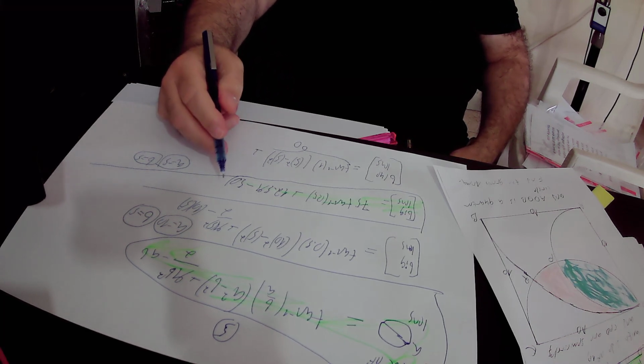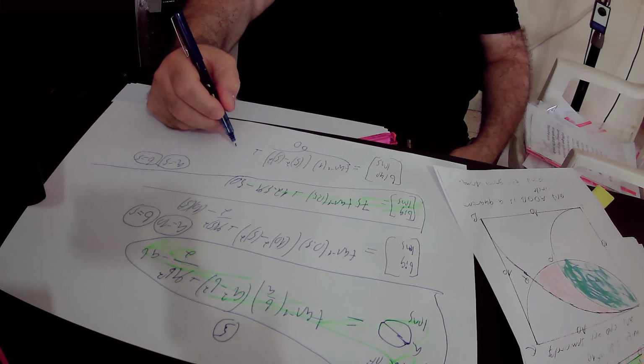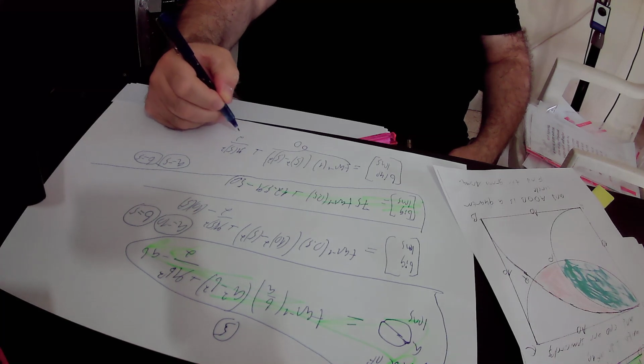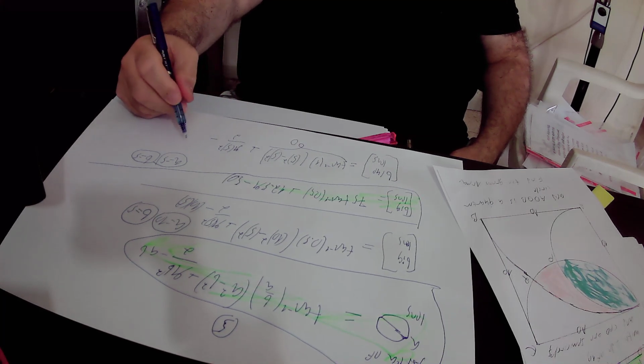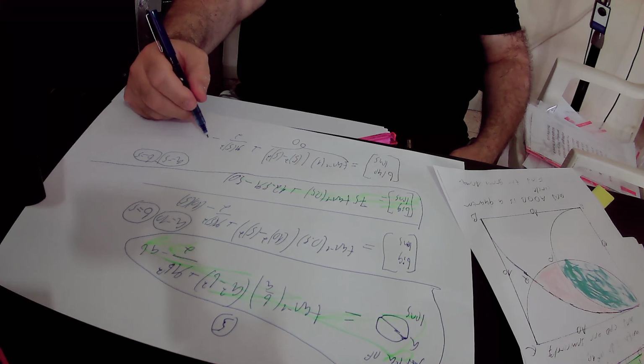Plus pi B square over 2. B is 5, so B square is 5 square. So it is pi 5 square over 2 minus AB. A is 5, B is 5, so A times B is 5 times 5, that is 25.